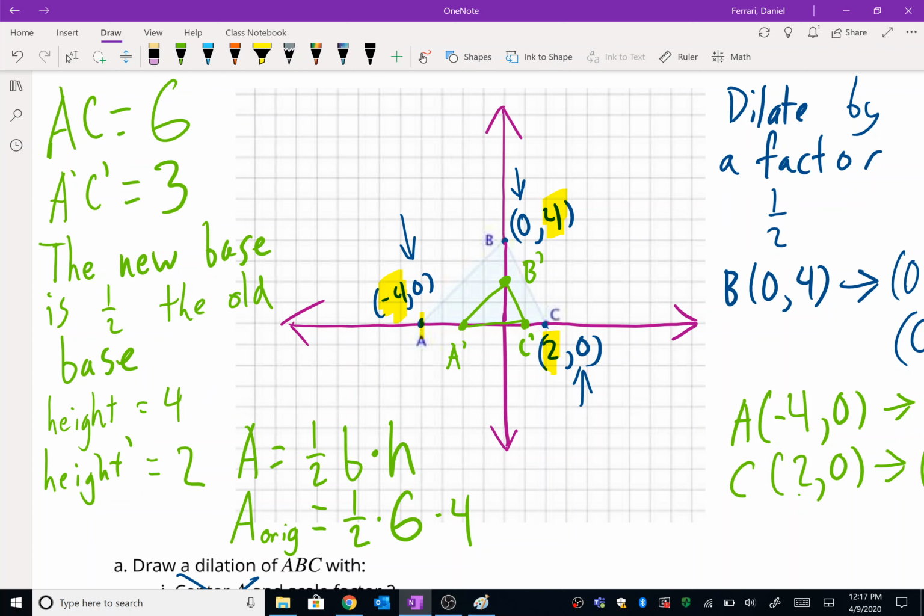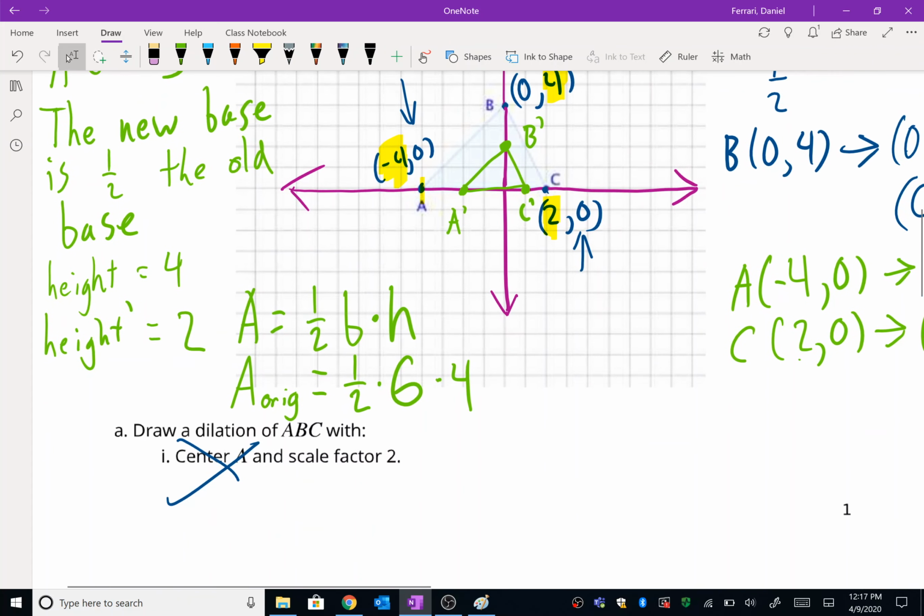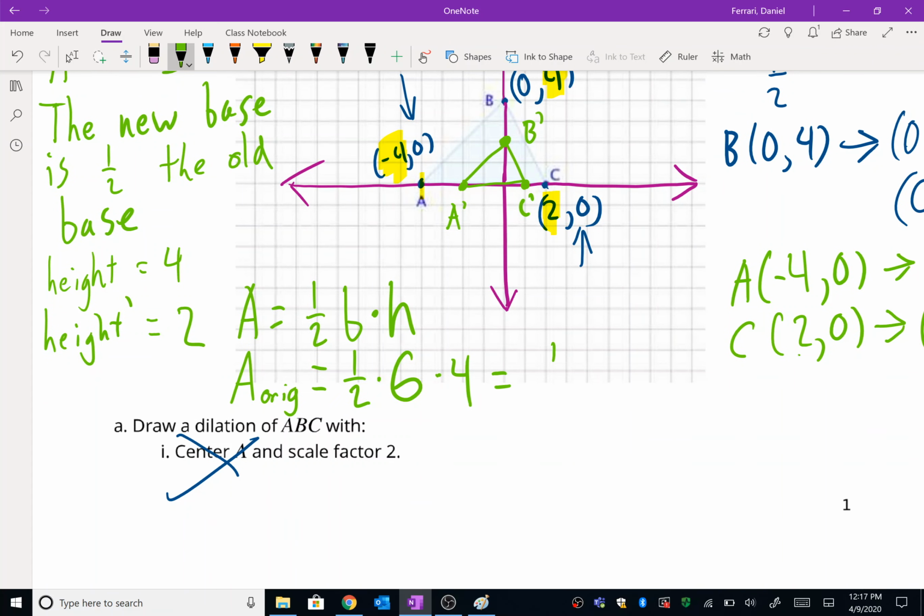If I simplify, 6 times 4 is 24, so it's 1/2 of 24. Half of 24 is 12. So the area of the original triangle is 12 units.